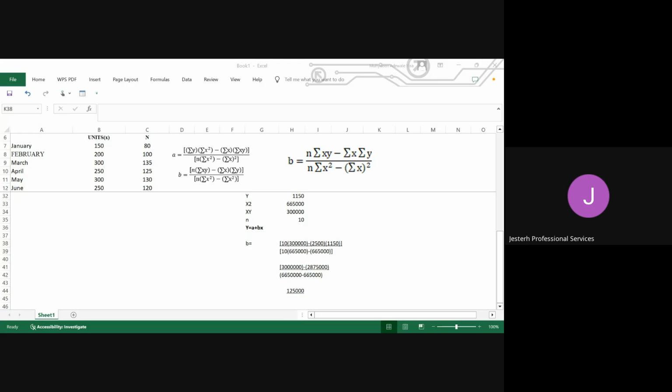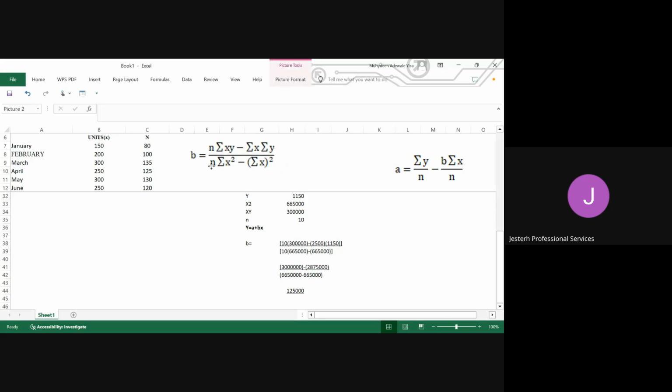Let me copy the second one. So this one is the A. Let me shift this and bring this one here.